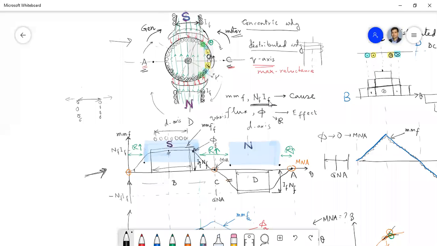So the armature will rotate from D to C, C to B, B to A as a motor. As a motor, it will rotate in the anti-clockwise direction. But when we are drawing the distribution, we have taken clockwise, while as a motor the machine is rotating anti-clockwise.